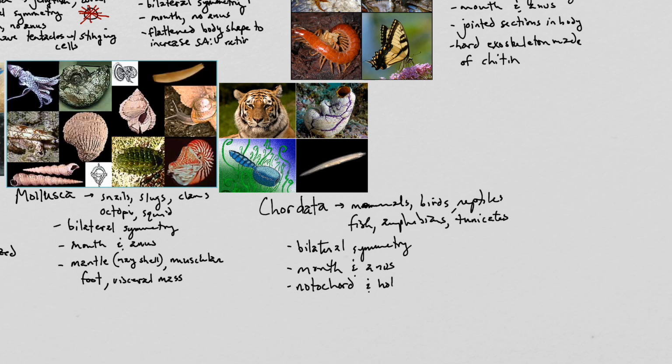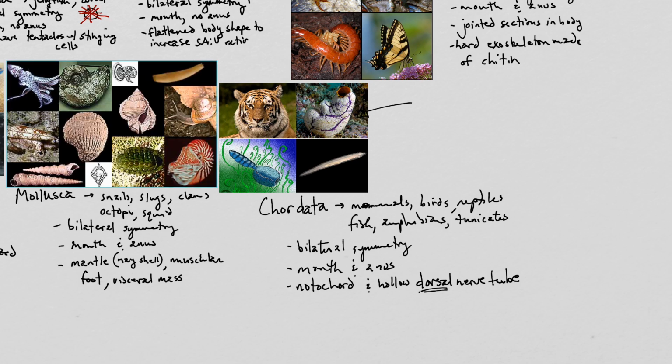And there's also a hollow dorsal nerve tube for at least some of their development. Dorsal means that it runs along the back. So for us, you can think about our spinal column. So that includes all vertebrates. So all vertebrates with a backbone fall under this category.